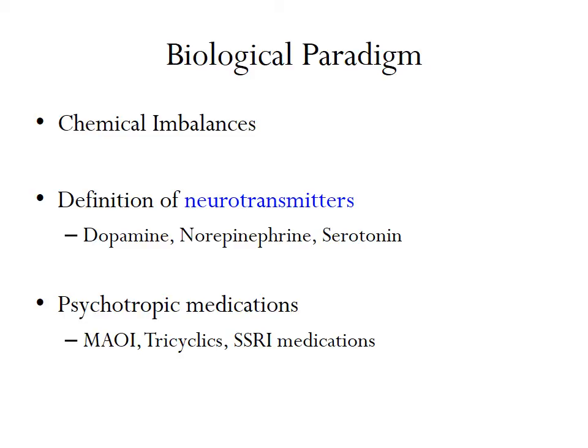You may be producing too many, and thus the message gets lost, or too few, and there's not enough for the message to carry from one nerve cell to another in your brain. There may be a problem with too many or too few receptors. The message may be sent, but there's no one there to receive it on the other end.